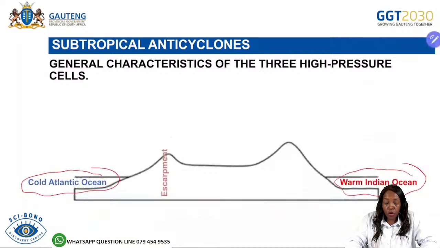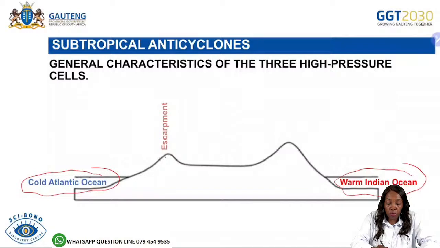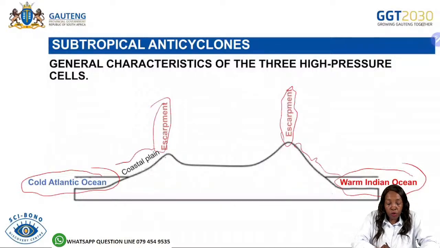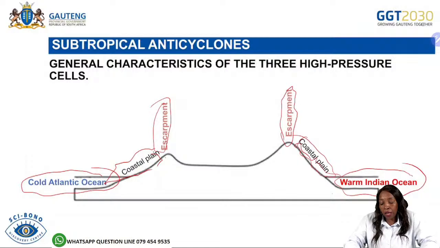What we can also identify there are the escarpments over the west of the country, and also to the east of the country. All these areas are your coastal plain. These are all the areas that form part of the coastal plain along the Atlantic Ocean, and these are all the coastal plains that we find along the east of the country.